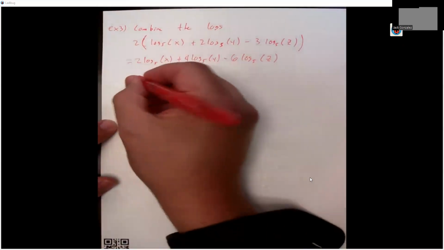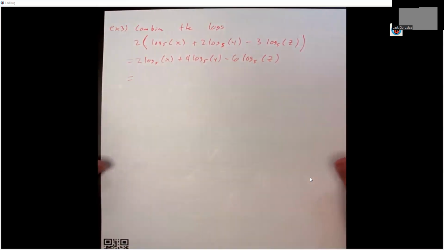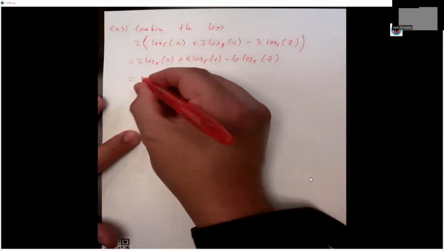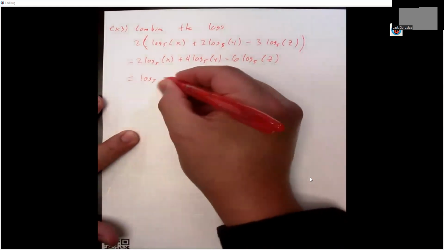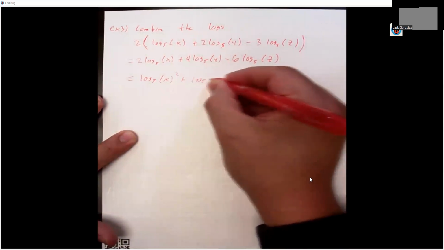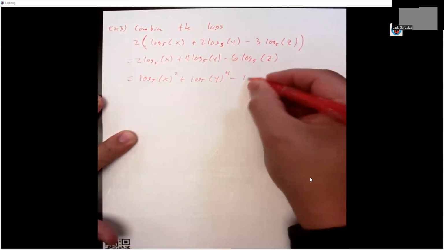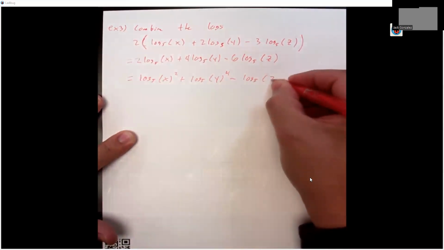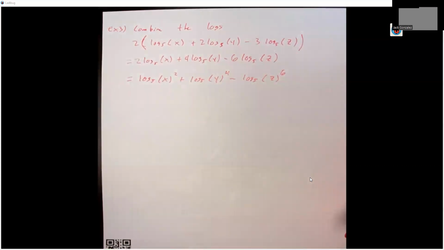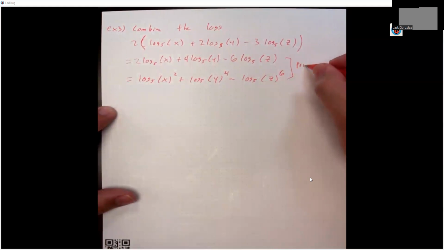So at that point, bring up the powers, because now we have new coefficients. This would be log base 5 of x squared plus log base 5 of y to the 4th minus log base 5 of z to the 6th. That's a power rule.